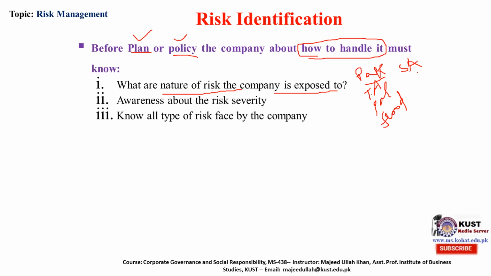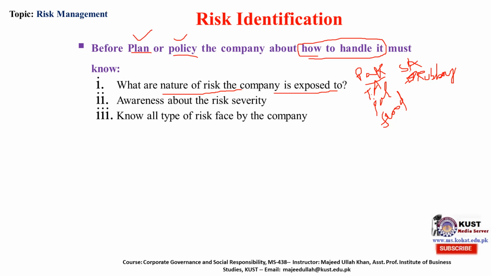In South Africa, robbery is common, theft is common, price fluctuation is common. So there may not be any terrorist attack in South Africa, but these are different risks that the company will face.